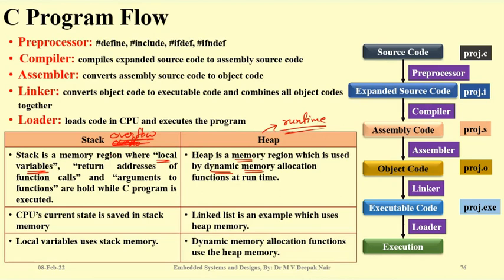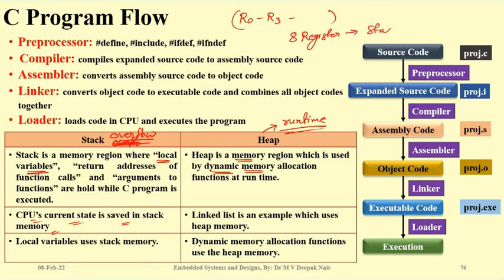So the stack still remains there. That means the stack is fixed in the memory region. The CPU's current state is saved in the stack memory, right? The CPU's current state is, if you remember, R0 to R3 and then some temporary registers. We remember there were 8 registers which were loaded into the stack.